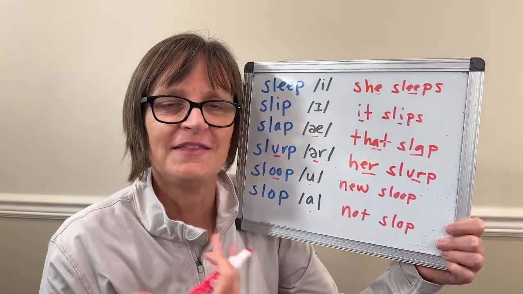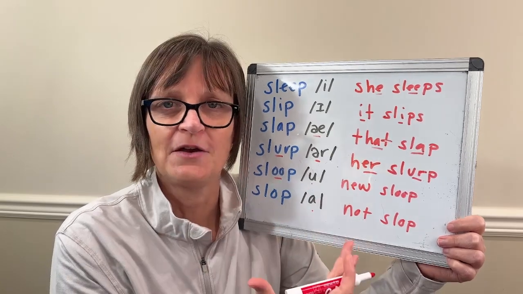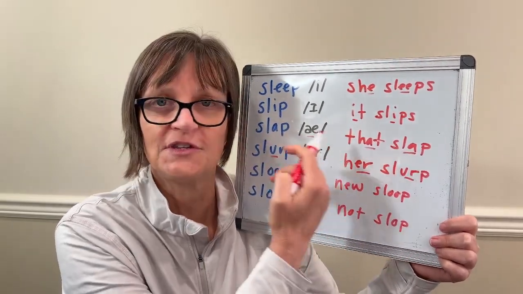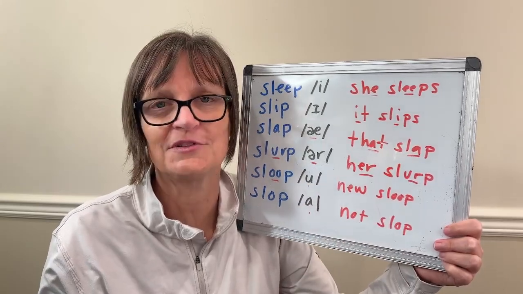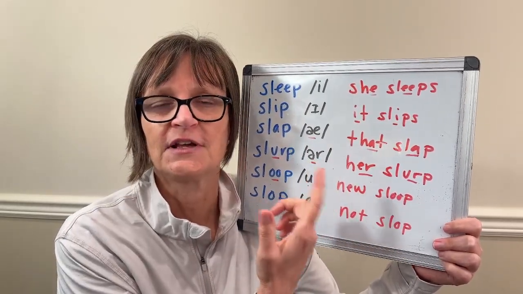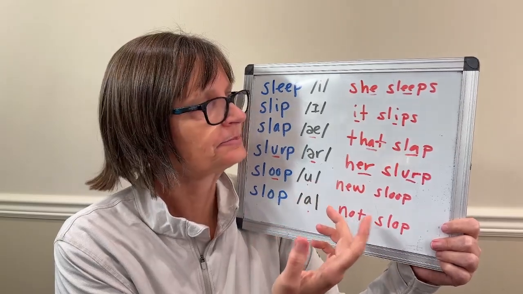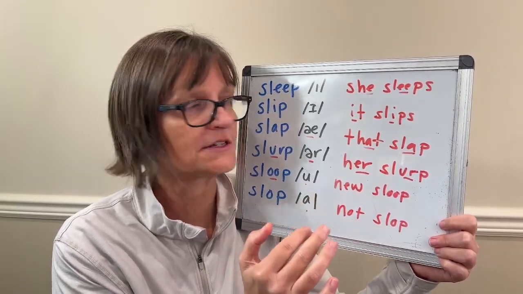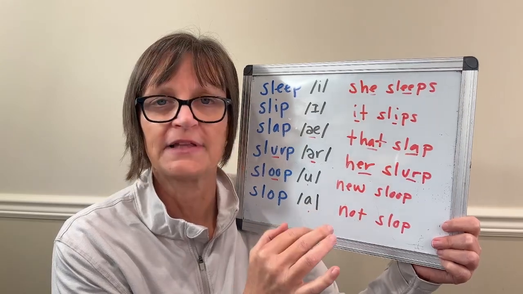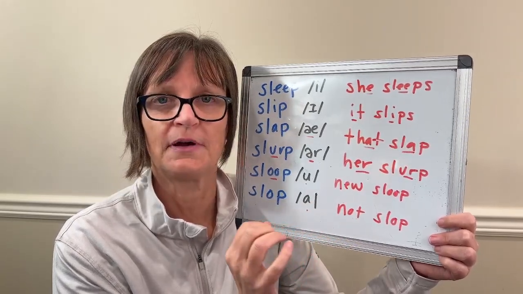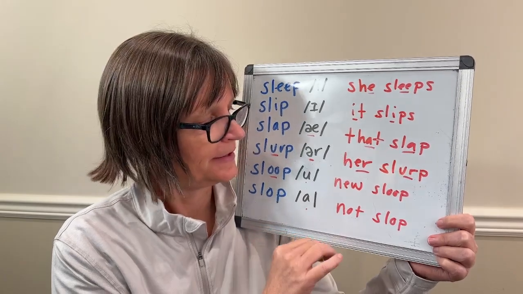Once you can say these words by themselves and in the pairs, you may want to try practicing them in some short phrases. You can use these two-word phrases and also build some short sentences. For example, she eats and sleeps each day. It slips out because it doesn't fit. That slap was bad. Her slurp perturbs me.